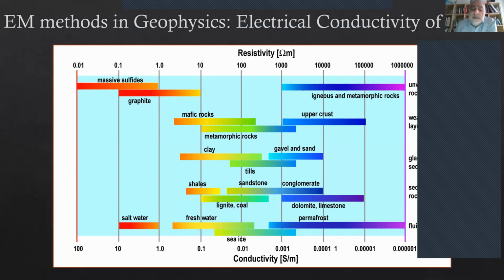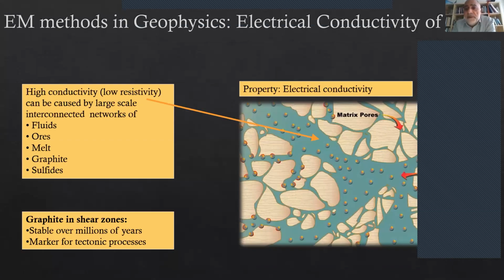The major point here is that the porosity plays a major role, and the material that fills this porosity is causing the conductivity anomaly in our electric and electromagnetic methods. As has been said, when talking about the electrical conductivity of the rocks, we are talking about the material that fills these pores or fractures.